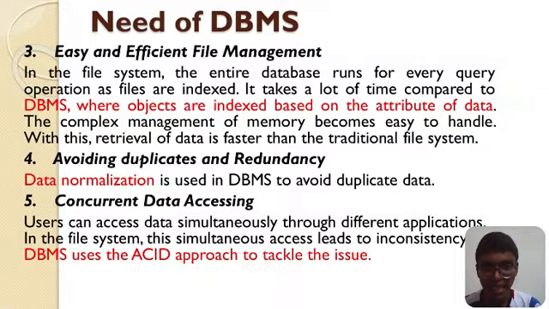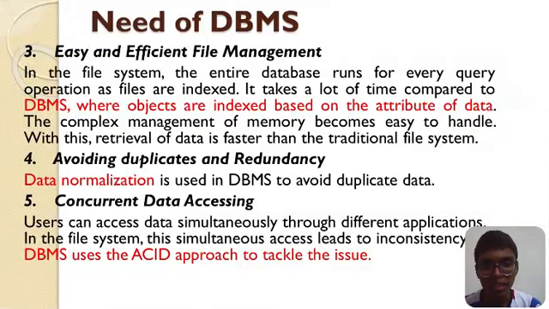Third point is efficient file management. In the file system, the entire database runs for every query operation as files are indexed. It takes a lot of time compared to DBMS, where objects are indexed based on the attributes of data.